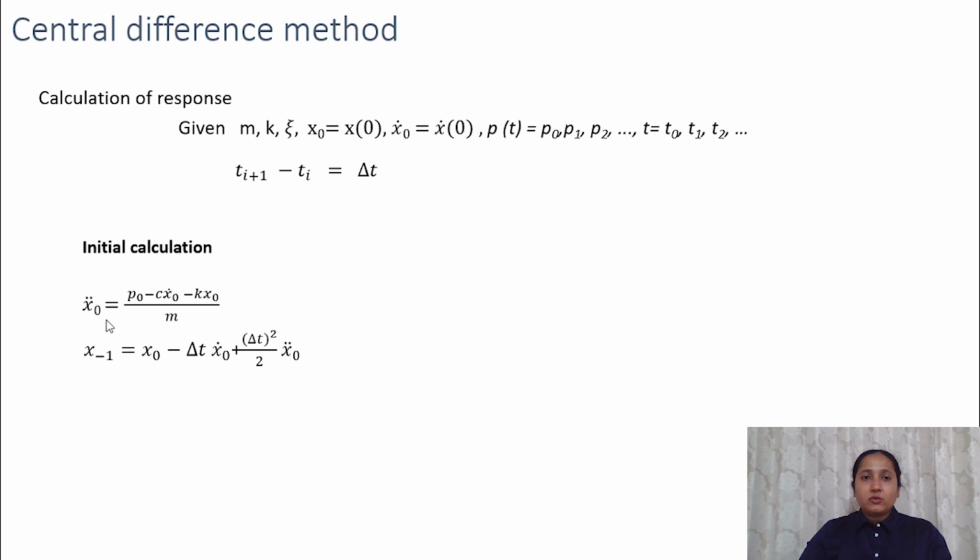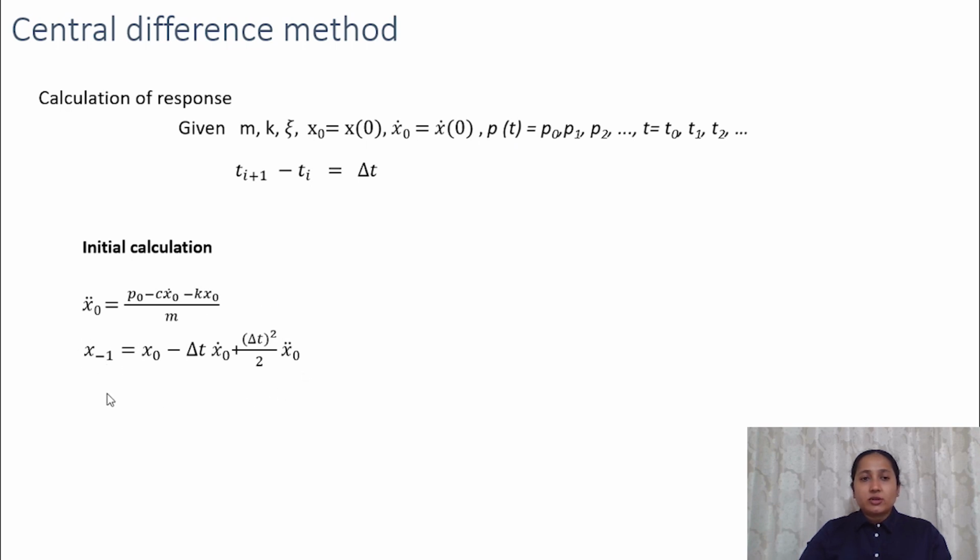So we know the displacement, velocity and acceleration at time 0. So we can calculate the displacement at the previous time instant. That means the displacement prior to the application of the force. So that is x minus 1.